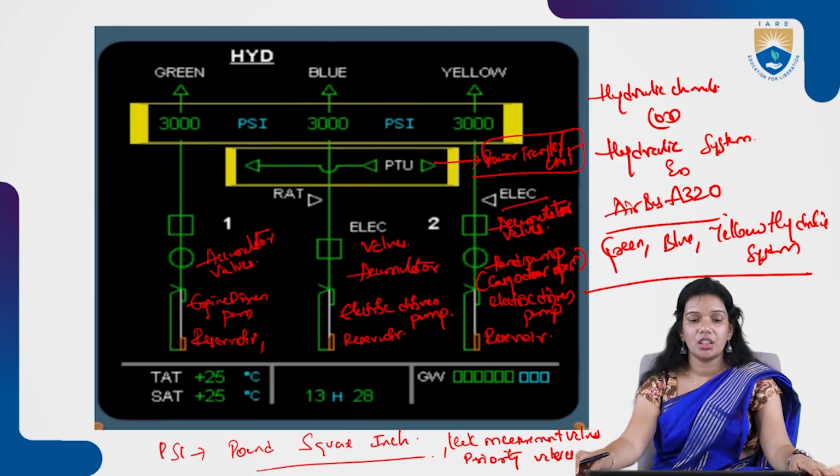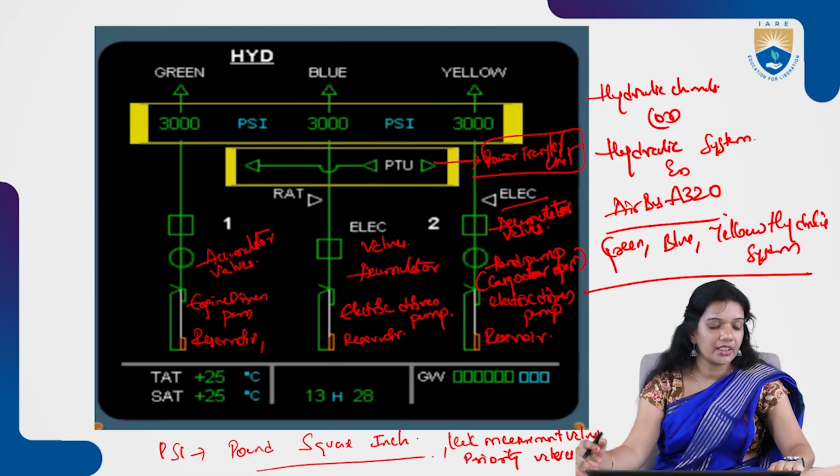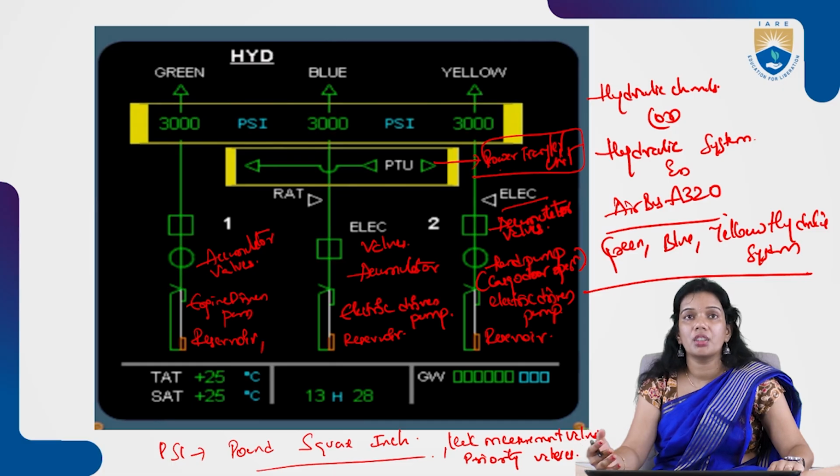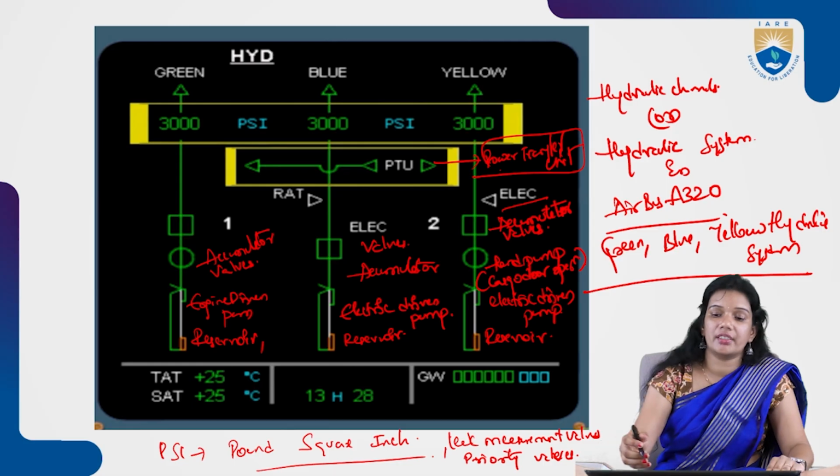So this is how the pilot is going to view the cockpit hydraulic channels of the Airbus A320, where the Airbus A320 has three hydraulic channels, right?